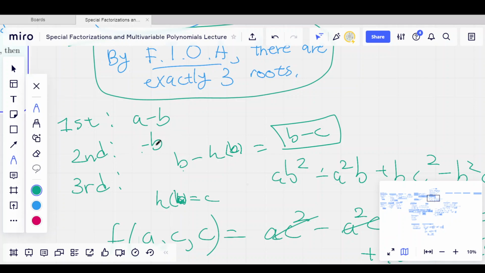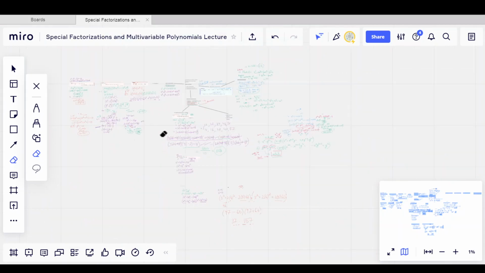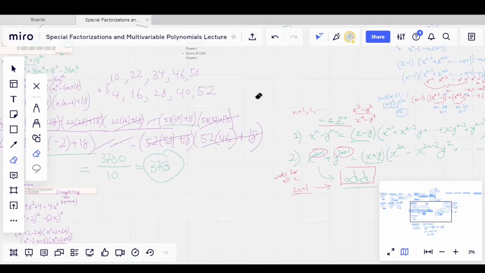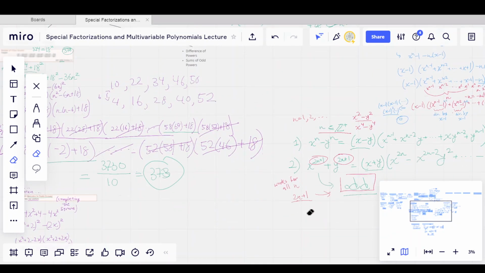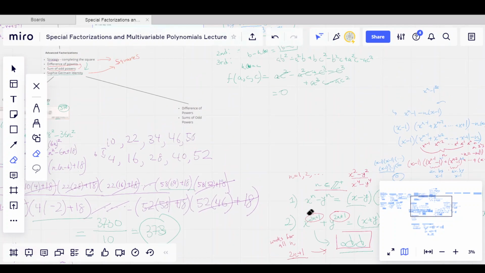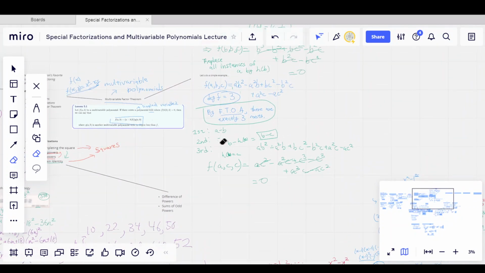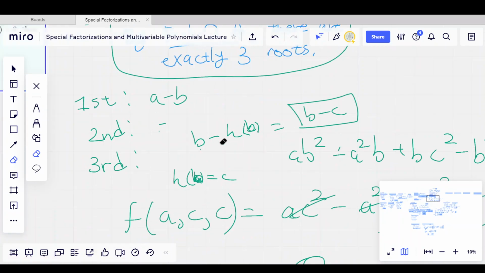You could use synthetic division to do all this. I have done it a couple times, but it's not very pretty because you have so many variables and you have to take care of all the constants and remainders. So I'll just suggest that you resort to the multivariable factor theorem.